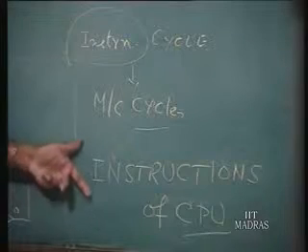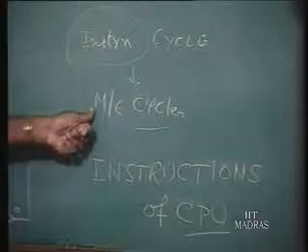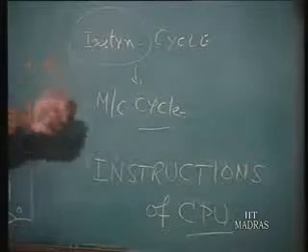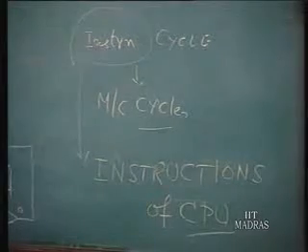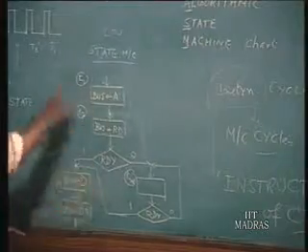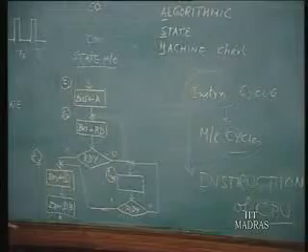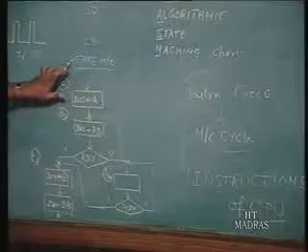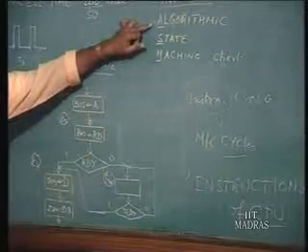Okay, so start with the instruction, and for each instruction work out what are the machine cycles, and then for each machine cycle find out what are the RTL level activities, and that describes the behavior of the machine, in this case the CPU. That's why we say the ASM chart describes the algorithm.